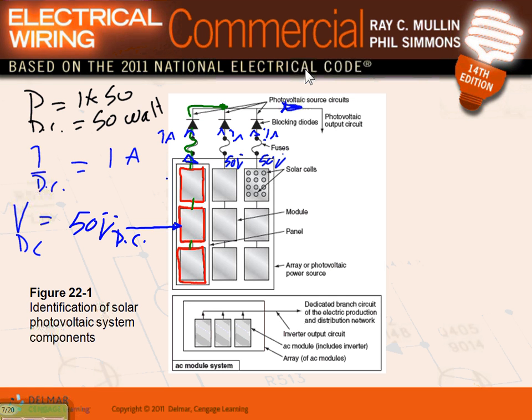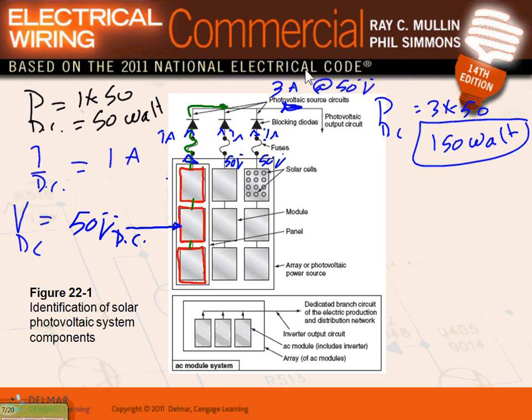When you parallel the currents, they add up, right? So this will give you 3 amps at 50 volt, for a total DC power of 3 times 50 equals 150 watt. Done.